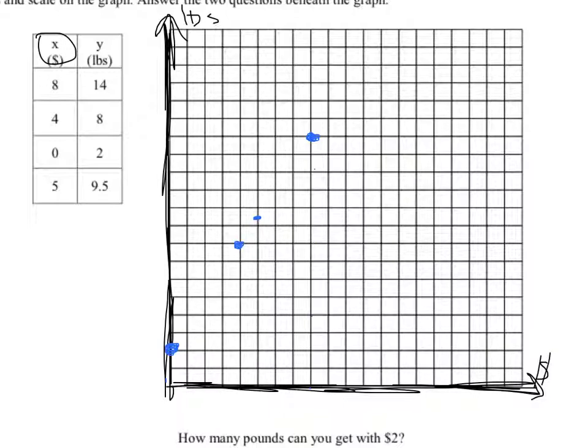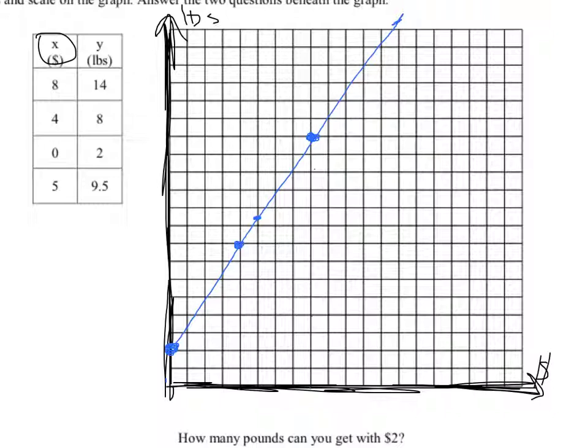So you should have had out on your desk some sort of straight edge, whether it was a book or a piece of paper that you had folded into 4, something that was going to allow you to draw a straight line through these points. All right, so this line represents our situation. The relationship between the number of pounds that we can get and the X dollars that we spend.